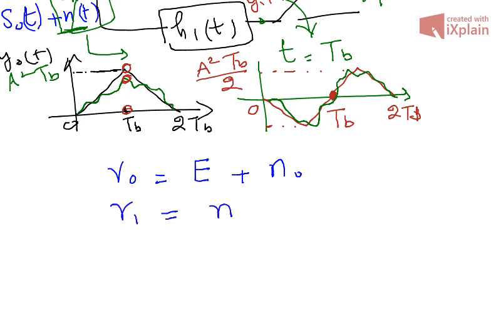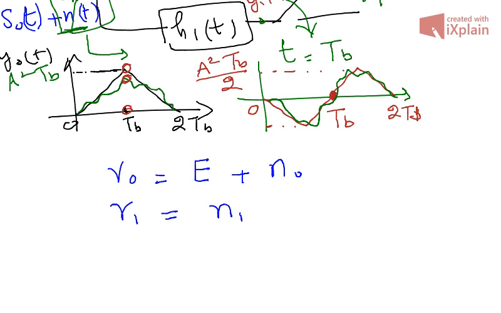We say N0 and N1. In the presence of noise, we have these values: R0 equals E plus N0, and R1 is just equal to the noise value N1.